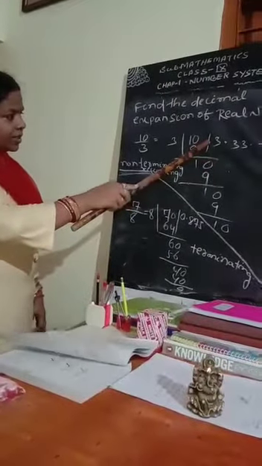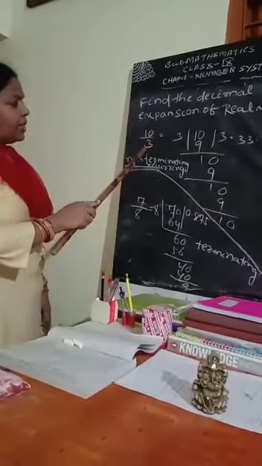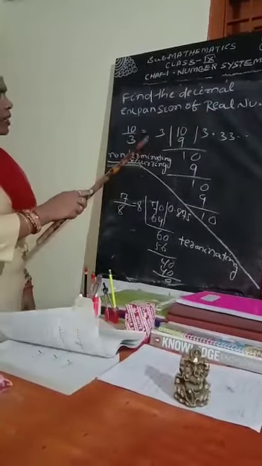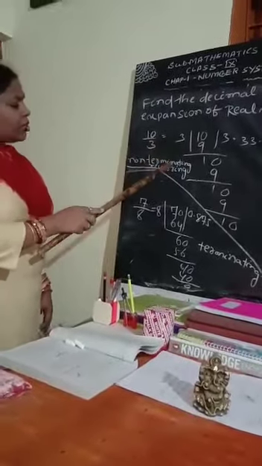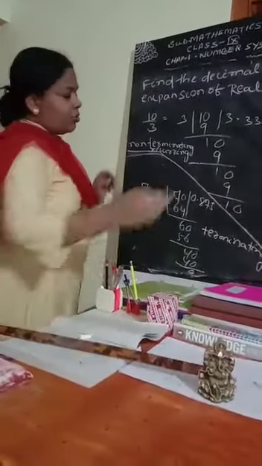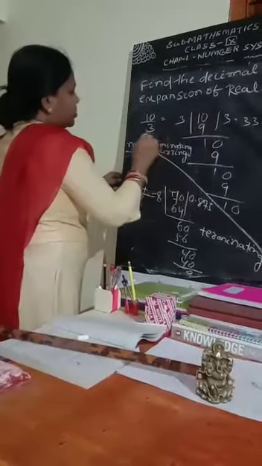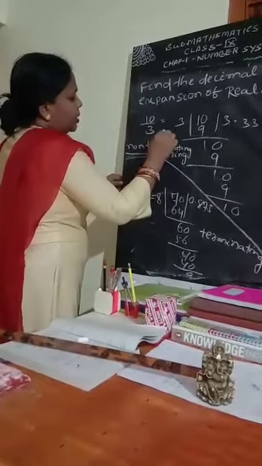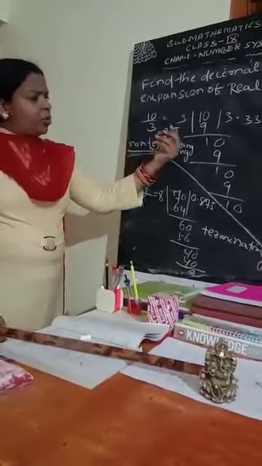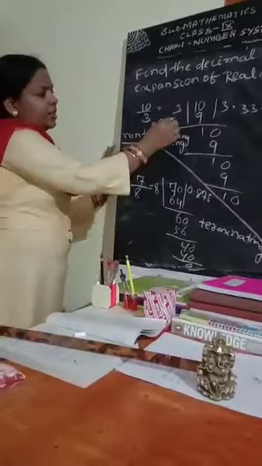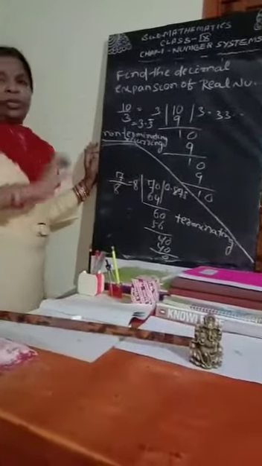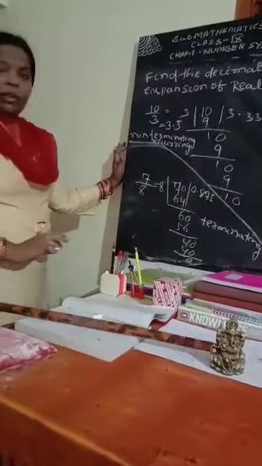So this real number 10 by 3 has its decimal value as non-terminating recurring. So we can also write it as 3.3 recurring. But here I put the bar. That means this 3 after the decimal is continuing. Are you clear?